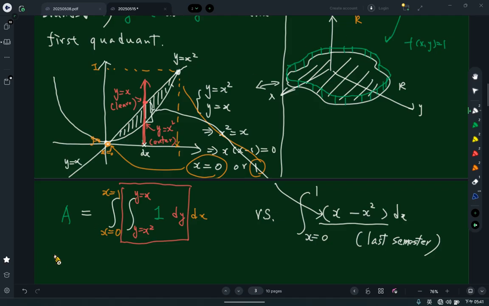So the difference here and here is, here we treat it as two single variable functions to construct the region. But here we treat it as the volume when we force f of x, y to be 1. Actually, these two are the same. I mean the results are the same.